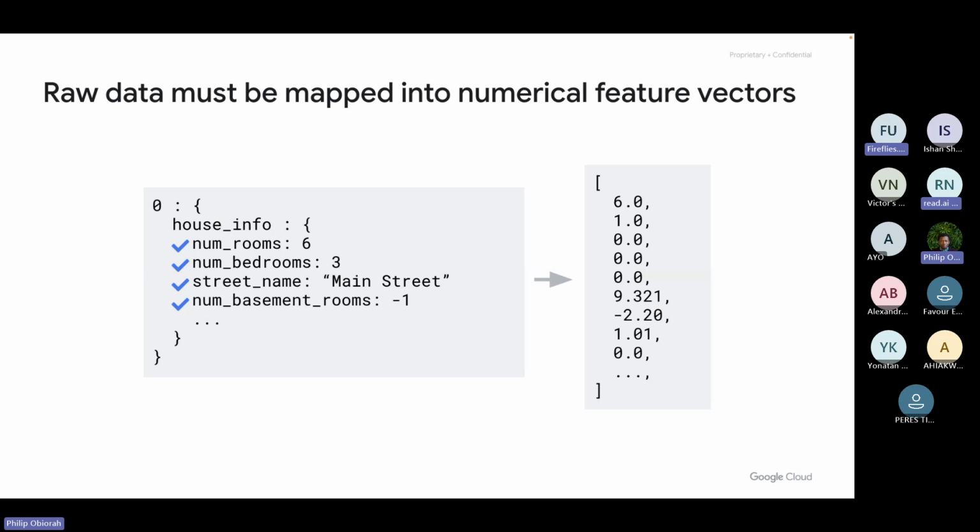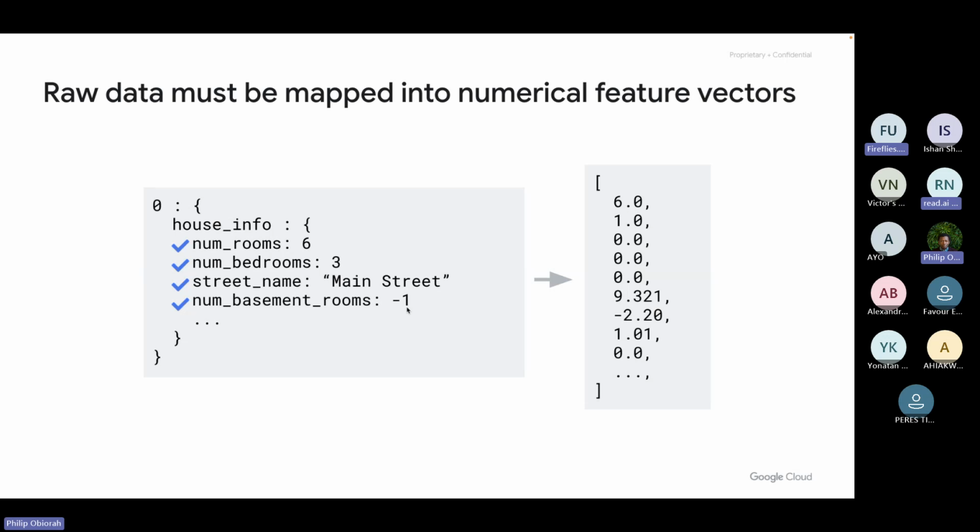So for instance, you can see we have a numerical field, number of rooms. This house price information is put in a dictionary: number of rooms 6, number of bedrooms 3 is numerical, and then street names is categorical, and number of basements in the room is -4.